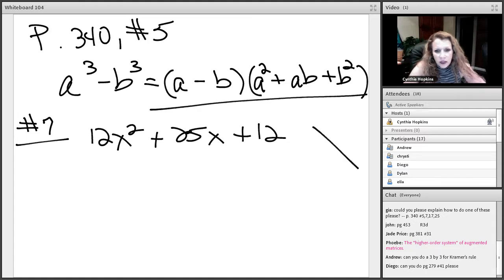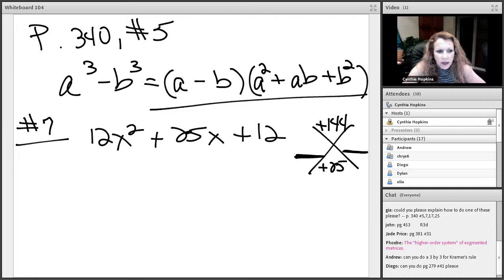Okay, so I'm going to do my little x because these are fairly large numbers. I multiply the 12 times 12. That's a positive 144 at the top part of my x. And then I put a plus 25 down here. Next I think to myself, what two numbers will multiply to give me a product of positive 144, but will add up to positive 25.